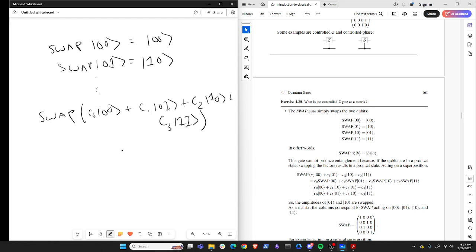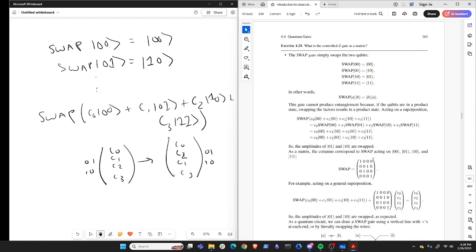As 0, 1 becomes 1, 0 after the swap, and 1, 0 becomes 0, 1, these two will switch places. So we will wind up going from C0, C1, C2, and C3 as our amplitudes column vector to C0, or pardon me, C2, C1, C3. So 0, 1, 1, 0.